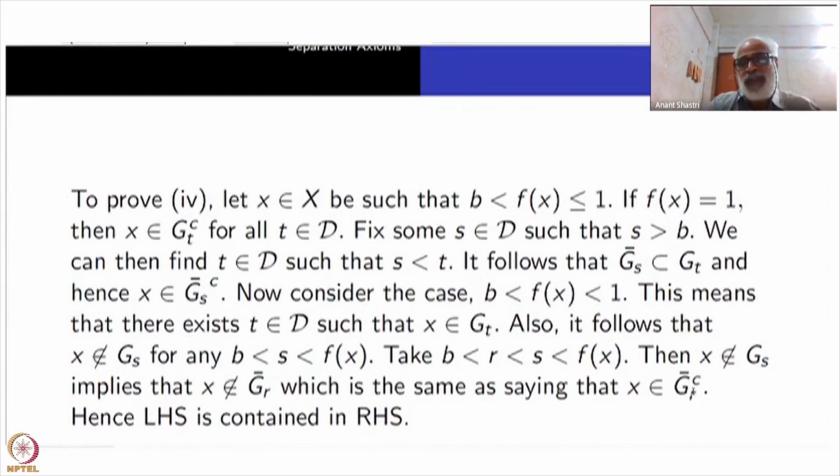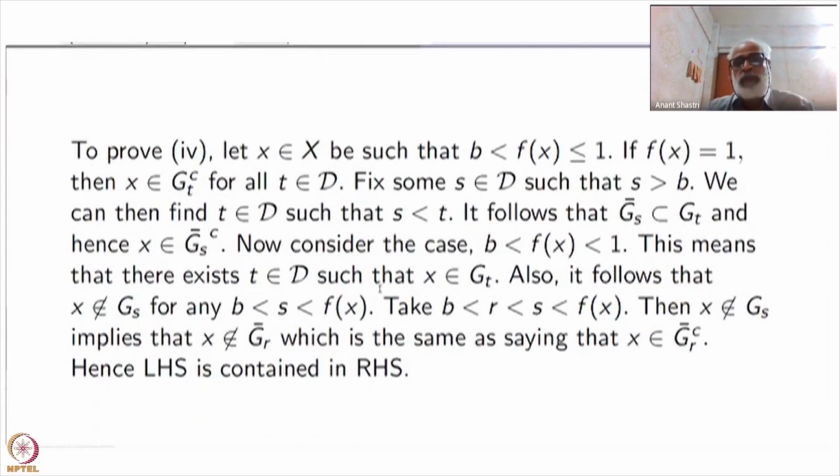So we have found another element which contains it on the left. Hence, LHS is contained inside RHS. So you see, the proof of 4 required us to use the density of D at least 3 times here. So proof of 3 was easier. The proof of 4 took some time, right?